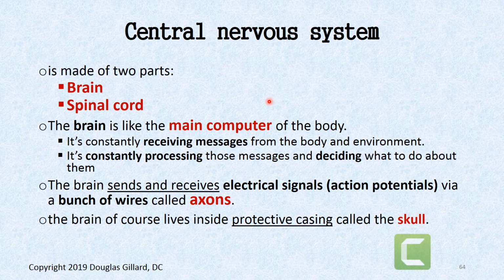Or maybe it needs to go for a walk. So the brain carries out its commands via a whole bunch of telephone wires. Of course, the axon is kind of like a wire. That's the very basic. You'll learn in neurology about the components of the nerve and how they work. But the brain is the master computer of the body.